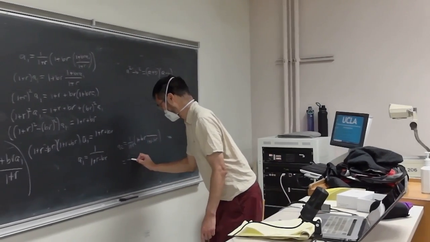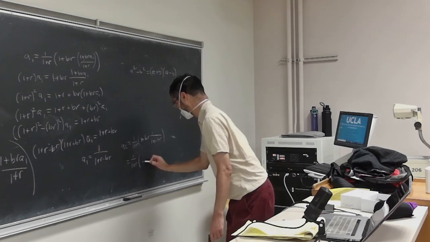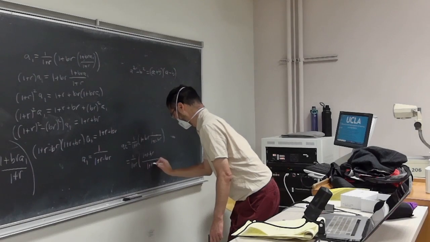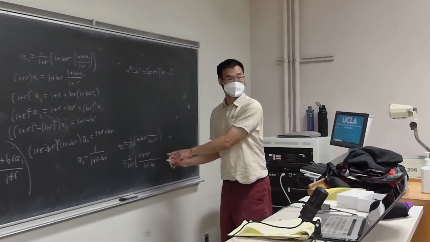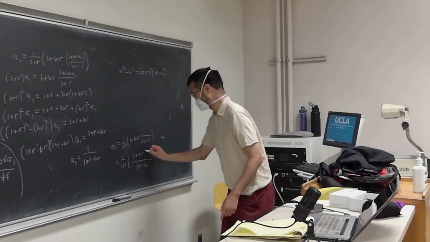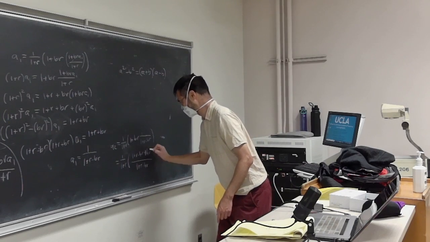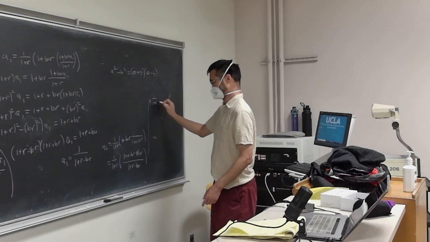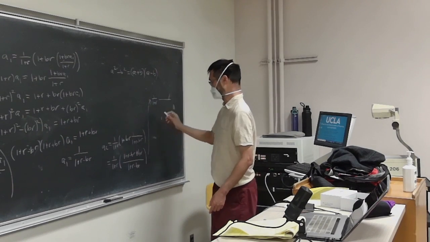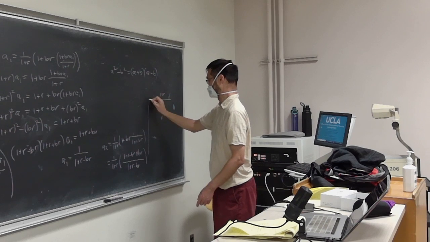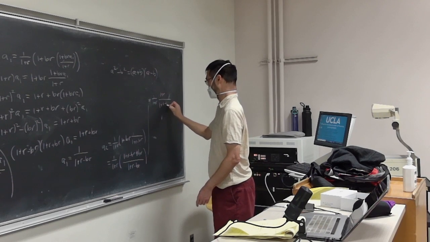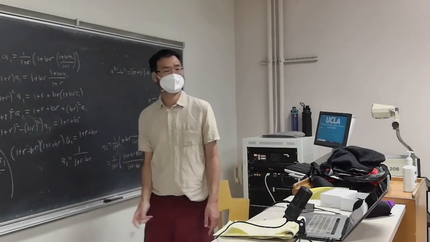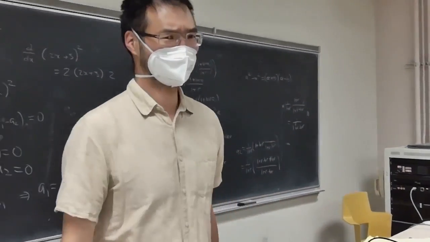This is going to be 1 plus R. I'm going to put everything on the common denominator 1 plus R minus BR. I think this is just now 1 over 1 plus R minus BR. That's the same as this. Okay, so I think we're okay.